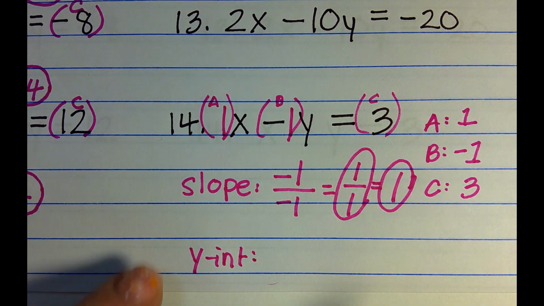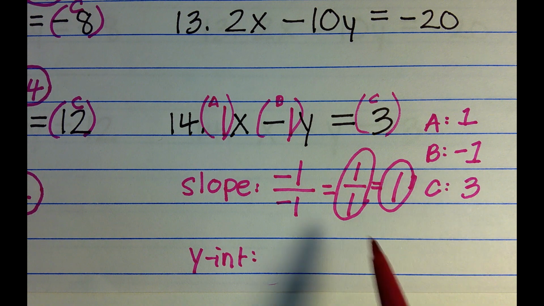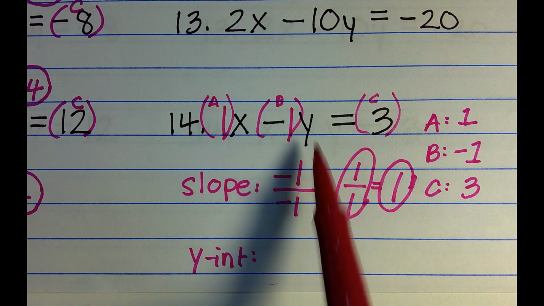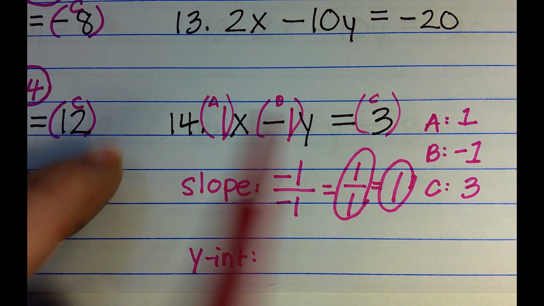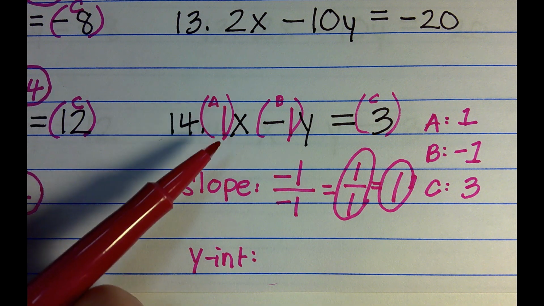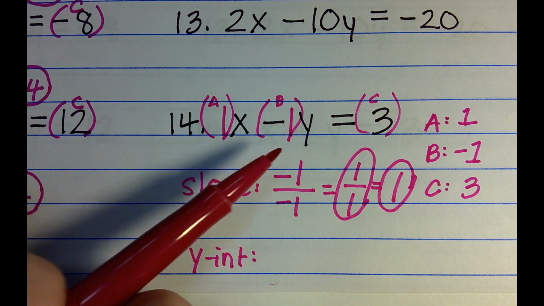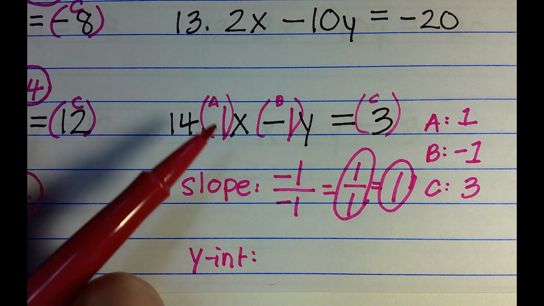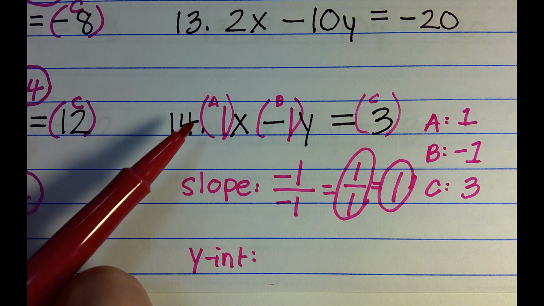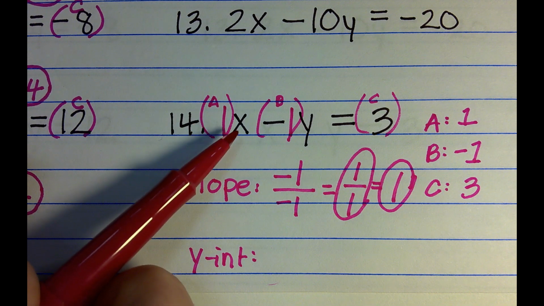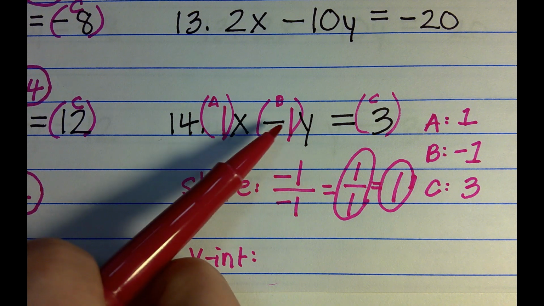Okay, any questions about how we got that slope? The reason we knew that A and B were 1 and negative 1 is because there was no number next to X and no number next to Y. And remember, if there's not a number to tell you how many there are, we can just say, how many X's are there here? 1. How many Y's are there here?